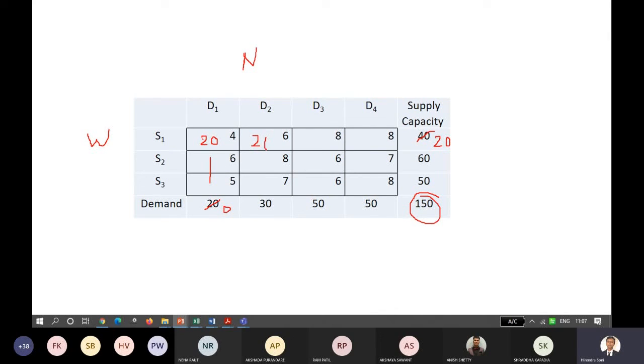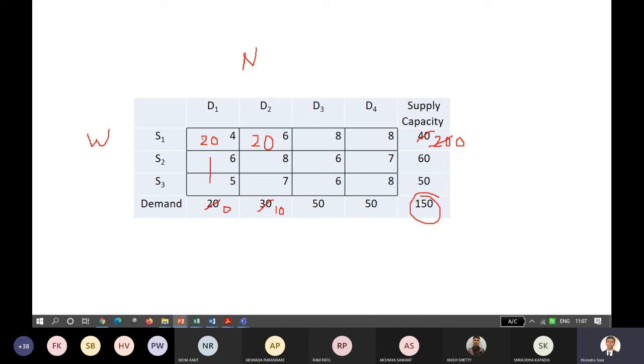So the maximum possible allocation would be 20 units only. Correct? The minute S1 supplies 20 units to D2, the requirement for D2 will be left out only for 10 more units. Correct? 30 minus 20 would be 10. And the supply capacity of S1 will reduce to 0.